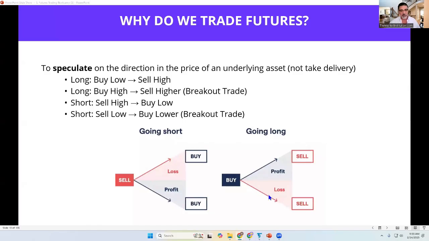And if price goes lower, then we have our stop loss, or we're going to take a loss on the trade. So there are different ways we can buy low and sell high. We can buy high and sell higher, like on breakout trades. We can sell high and then buy it back lower, or we can sell low and buy back. So we have trending trades, and we also have the beginning of a trend trade.